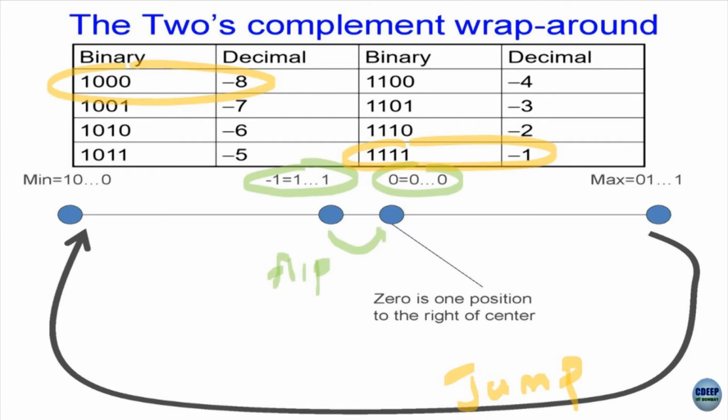Makes sense? From minus 1 to 0, all you need to do is flip. However, there is a jump from the max value, 0, 1, 1, 1, to the min value, which is 1, 0, 0, 0. There is a big jump.